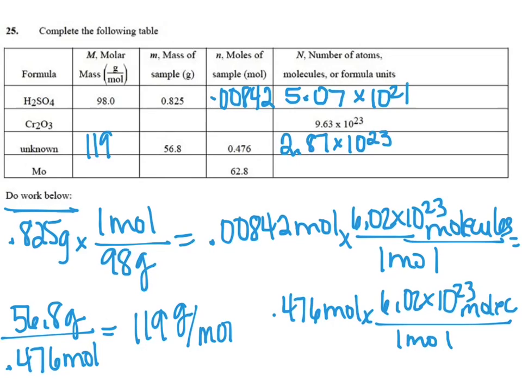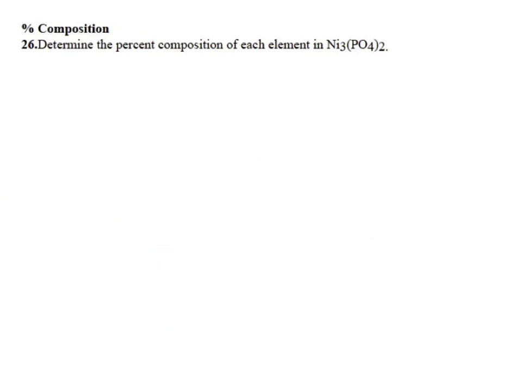All right, one problem and I'm done. Percent composition. Determine the percent composition of each element in nickel 2 phosphate. On the AP exam, they would probably just say determine the percent of nickel in nickel 2 phosphate.